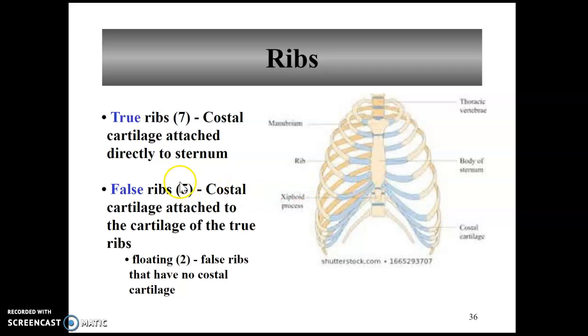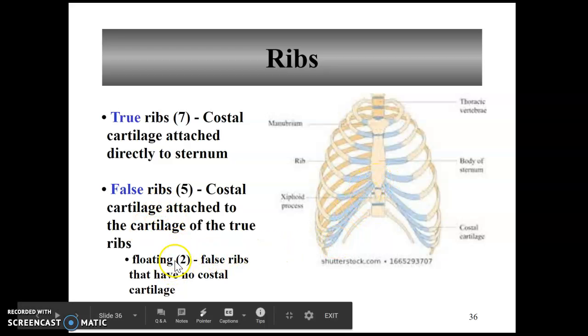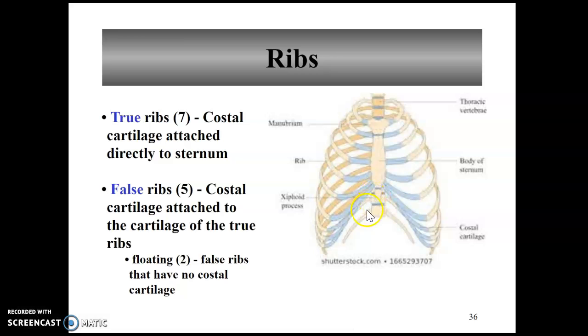Now, the last 5 are going to be called false ribs because you can see how the cartilage is attaching to the cartilage above it, and then they all attach to the sternum. Now, the last 2 false ribs are called floating ribs, and they are still false ribs, but they do not have any costal cartilage at all, so they're called floating ribs.